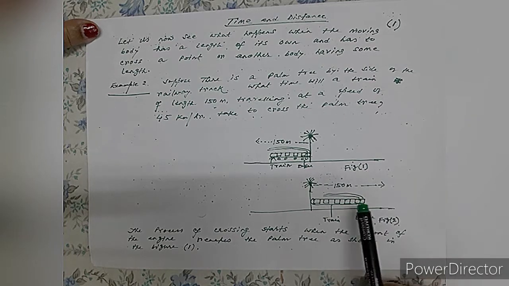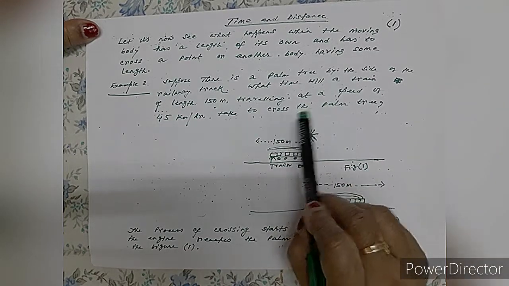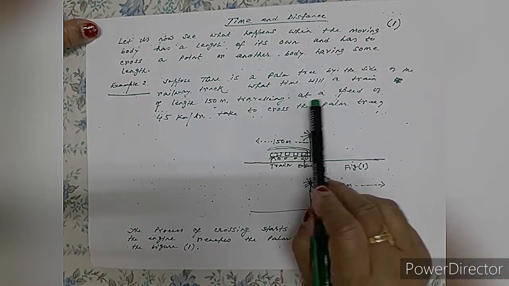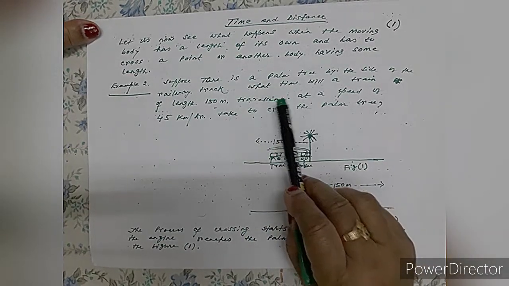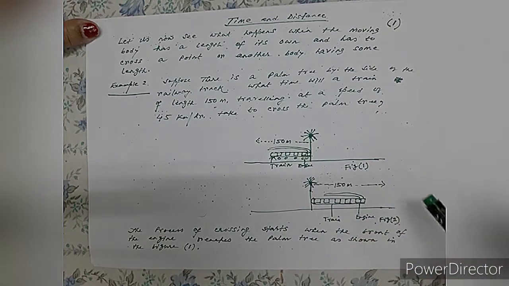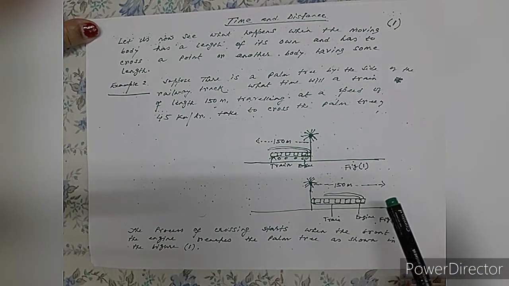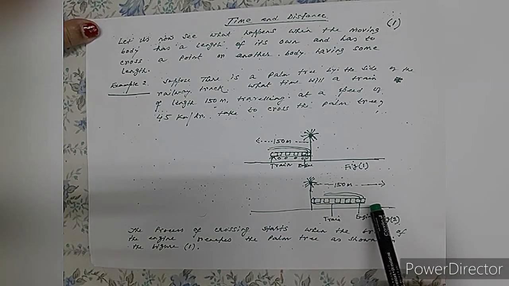So how do we find out? The question asked is, if the train runs at a speed of 45 km per hour, what time will it take to cross the palm tree? Now you have noticed figure 2, where it has already crossed the palm tree.